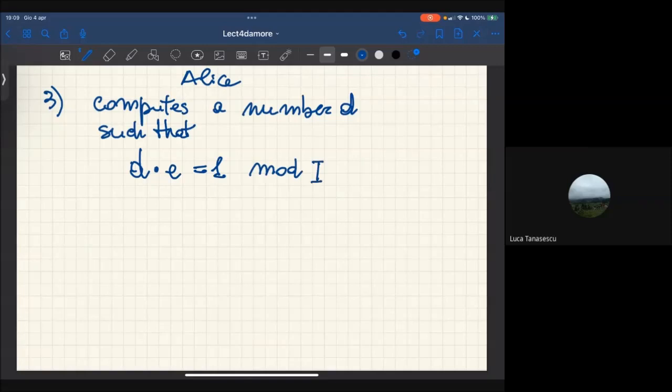I think that you have already met the modular operation, right? Do you know the meaning of mod phi? Yeah. Okay.